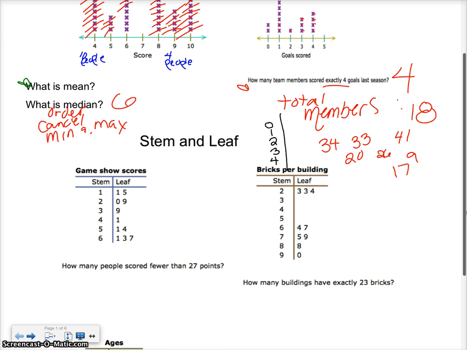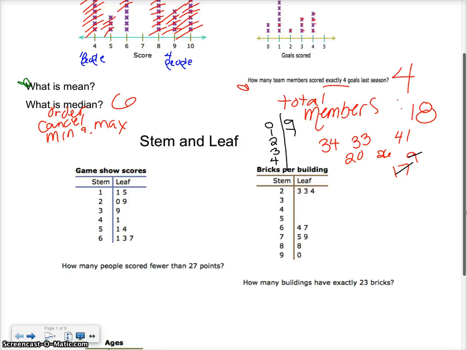This 1 means everything after the 1 is in the 10s. The 2 means anything after the 2 is in the 20s. So here I have a 9, which means I have 0 tens and a 9. In my 10s, I have a 17, so I would put a 7 there. It would be 1 and 7, 17.